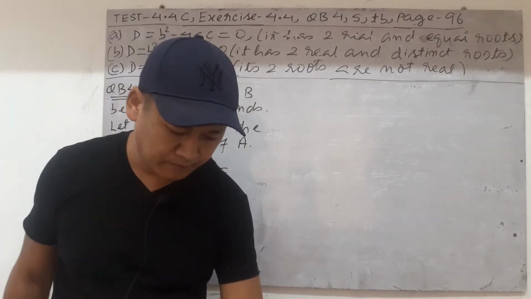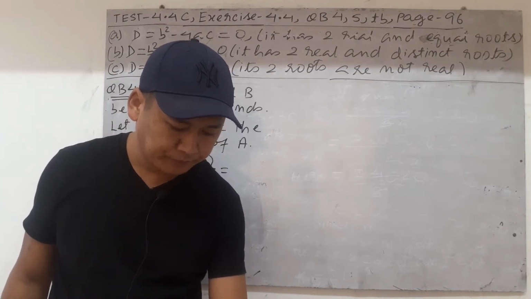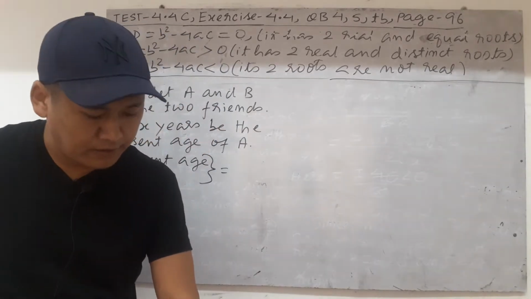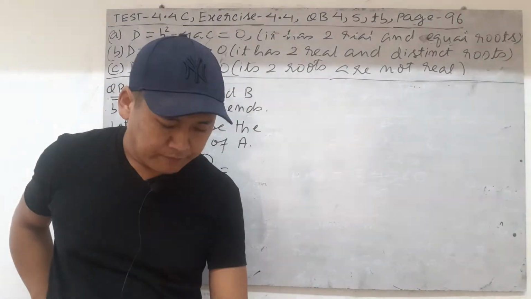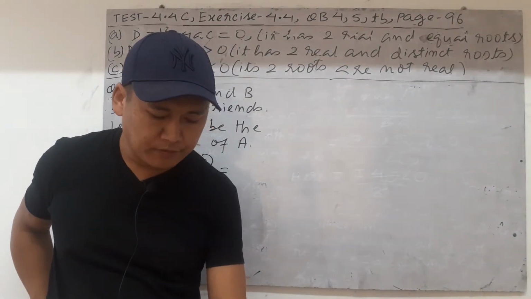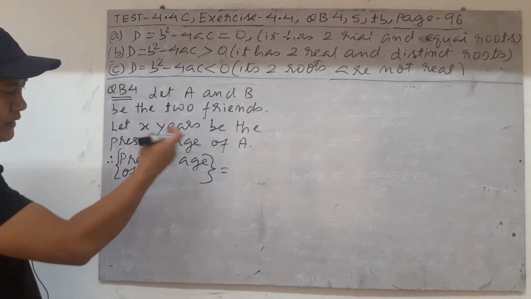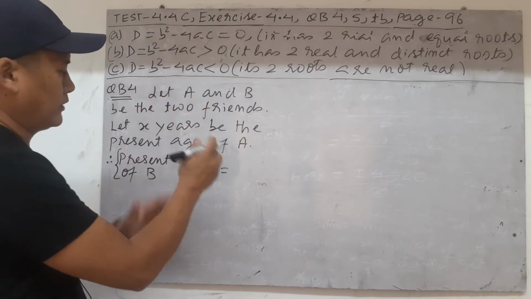Let me read that part. Second sentence. If this situation is possible, then we have to find present ages. If not, then we have to find out the reason why it's not possible. The sum of the ages of two friends is 20. Sum means age of A plus age of B is 20. These two friends together, their ages.